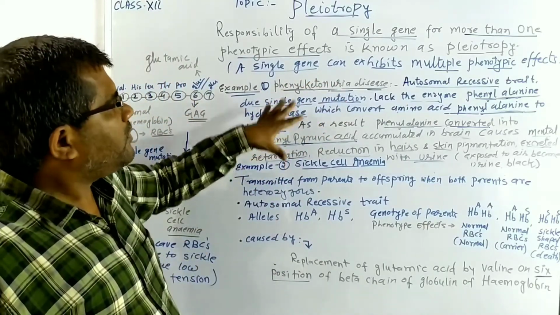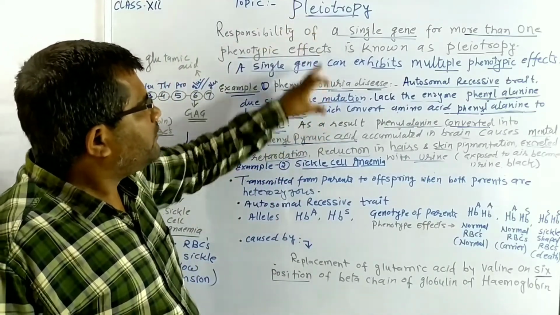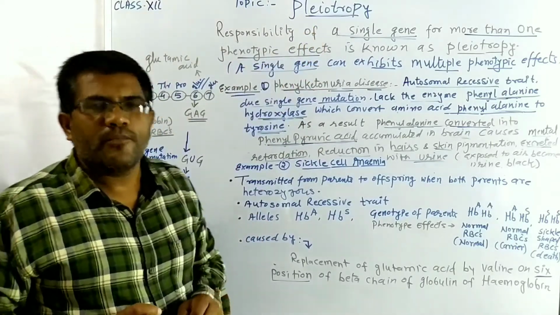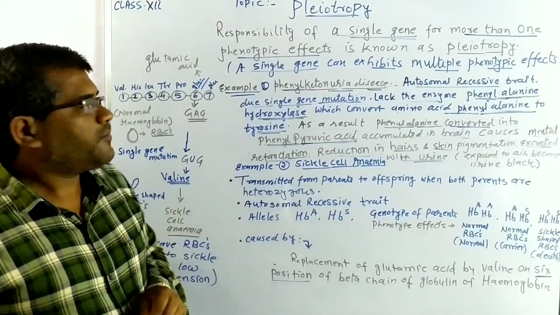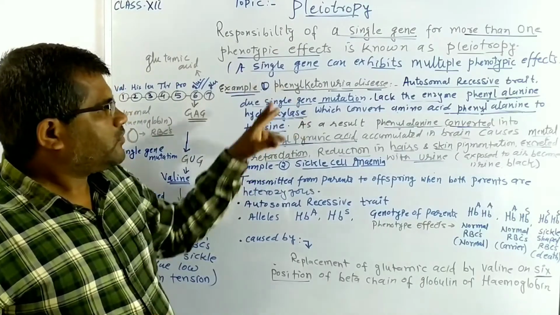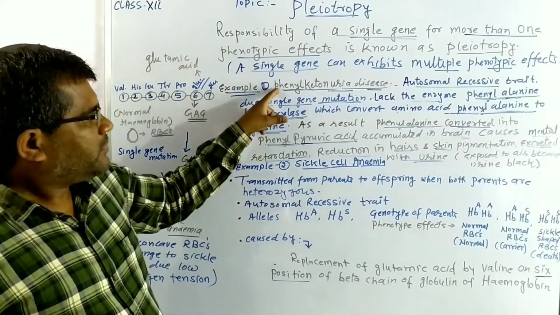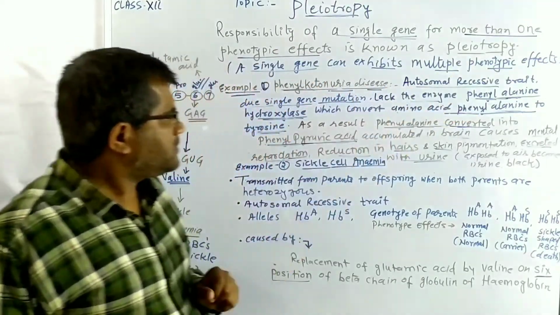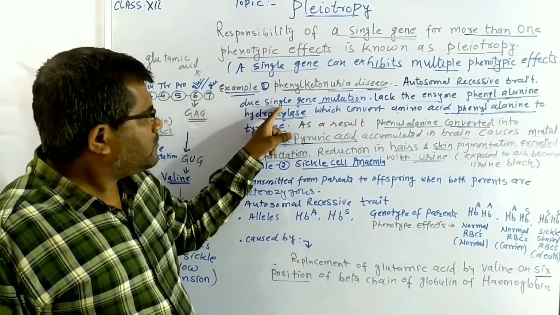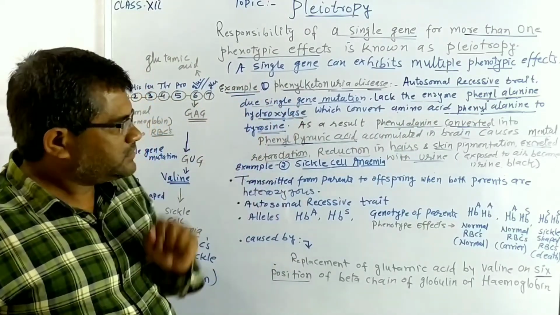So phenylketonuria is a pleiotropic phenomenon. Again, understand: phenylketonuria is autosomal recessive and is caused due to mutation in a single gene.